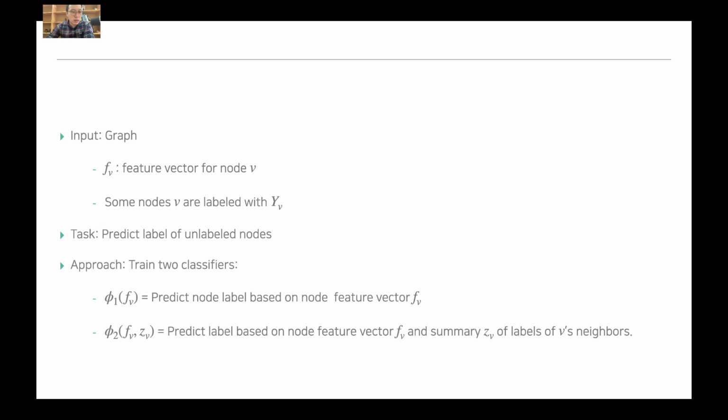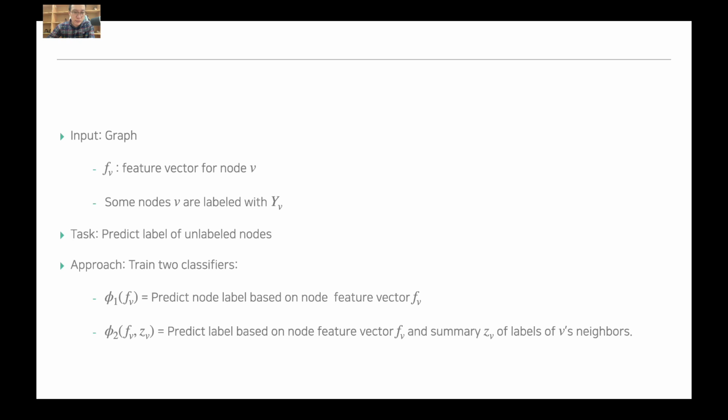In this setting, we introduce two classifiers. The classifiers are given below, right? Pi1 and Pi2. With Pi1, we predict node labels based on the node feature.